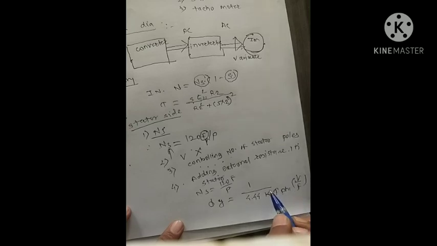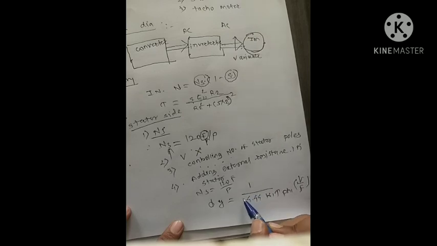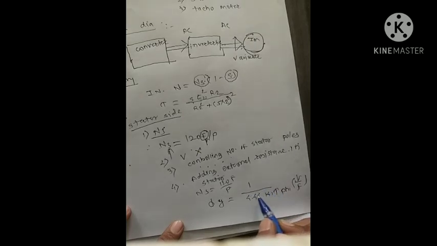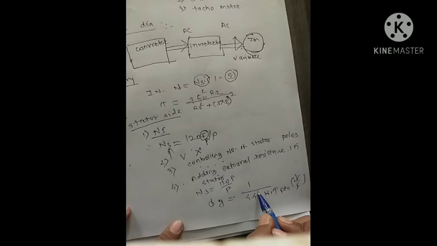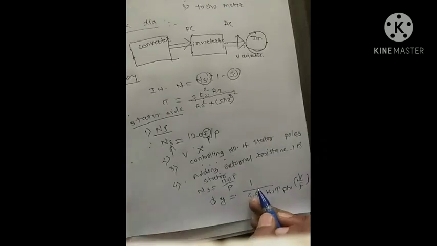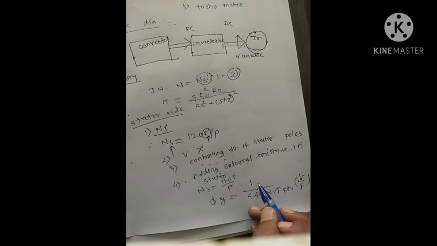If only the supply frequency is changed, the phi g value is affected. If phi g increases, it causes saturation of stator and rotor core. Due to this, the magnetizing current also increases.